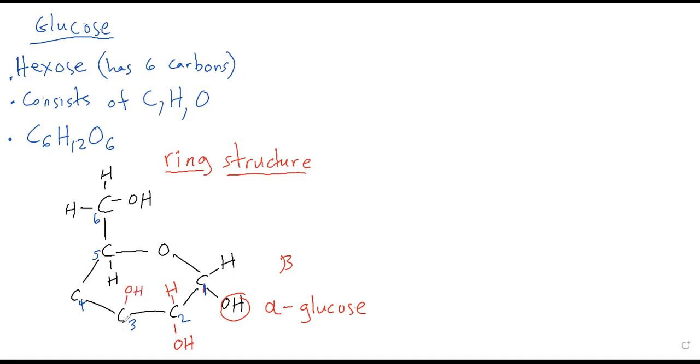The hydrogen is on the outside. And then we have an OH pointing down and the hydrogen pointing up. Right? And that concludes the structure of alpha glucose.